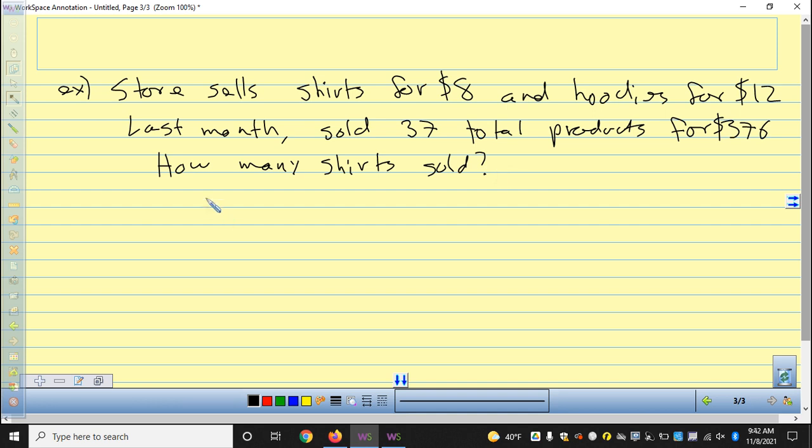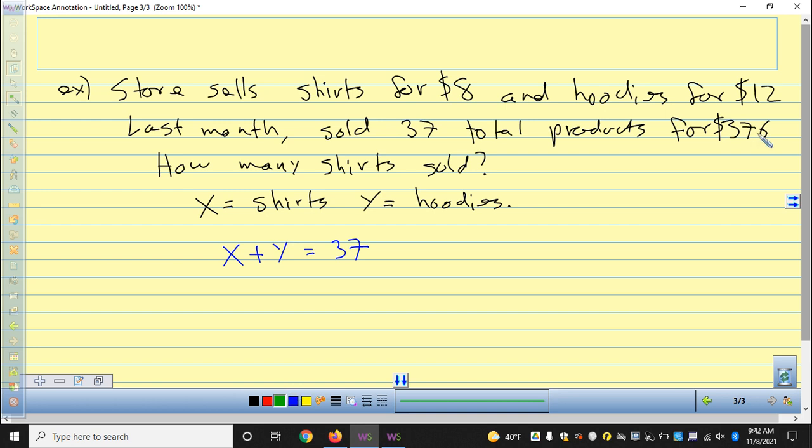Well, let's let X equal the number of shirts and Y equal the number of hoodies. The problem tells us they sold a total of 37, so X plus Y has to be 37. They sold a total of 37 things.